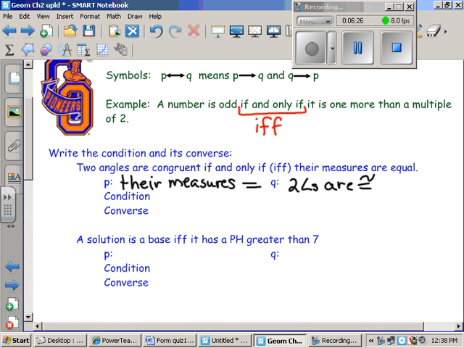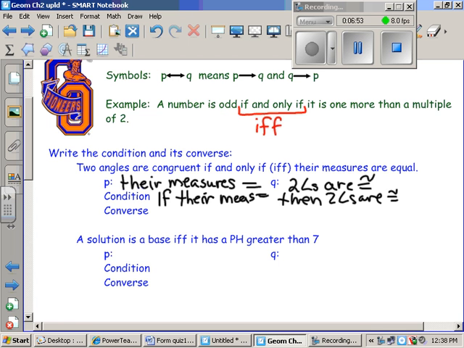Actually, that can be true, but since we already started off in this order, let's just keep it going in that order. So, if their measures are equal, then the two angles are congruent. The way he said it isn't wrong. It's just that since we started out that way, we're just going to finish it that way.